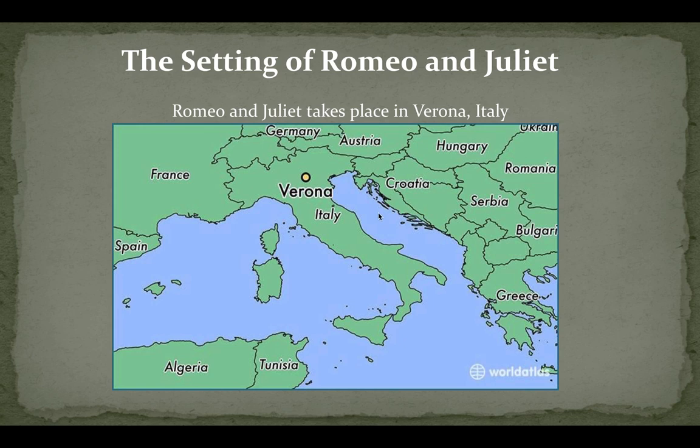And so we can imagine that Verona would be right in the middle of that economically prosperous area, so that the families that we talk about living in Verona, Italy, would be very, very rich and right in the middle of that very prominent and prosperous time. So this is where the story takes place.